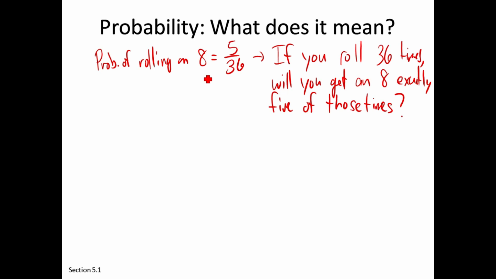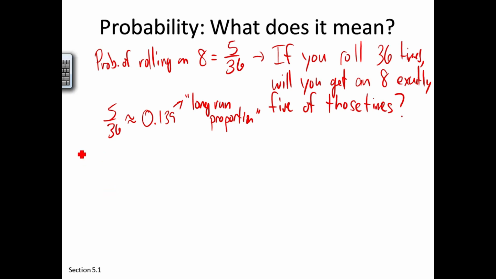We found that 5 out of 36 is approximately 0.139. So what it's saying is that this is the long run proportion. It's not guaranteed in the short run, but it's guaranteed in the long run.